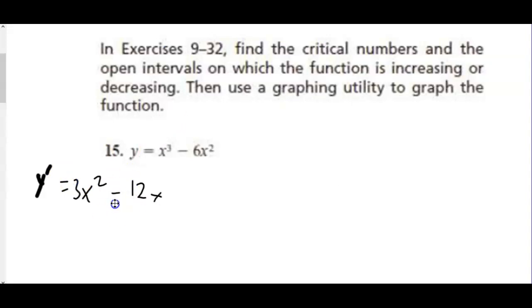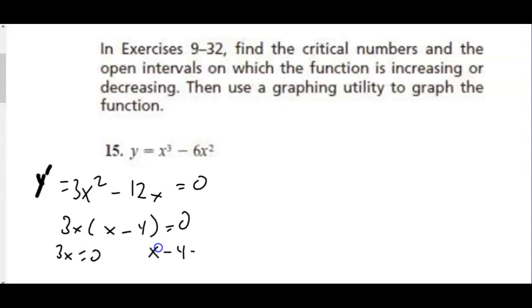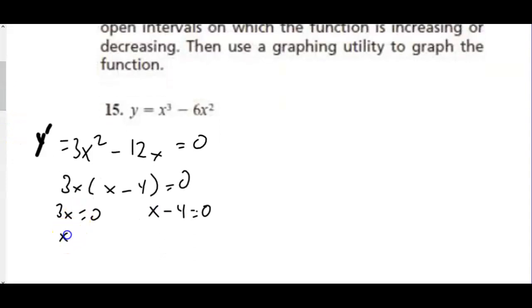Now we set that equals 0 and factor it. Take out 3x. So we have 3x equals 0 and x minus 4 equals 0. And when we solve those, we get x equals 0 and x equals 4. So those are my critical values.